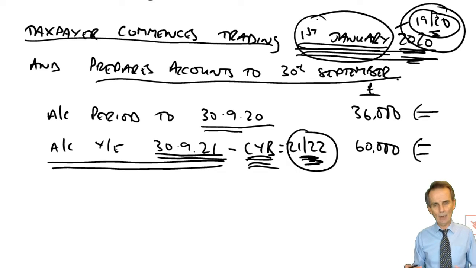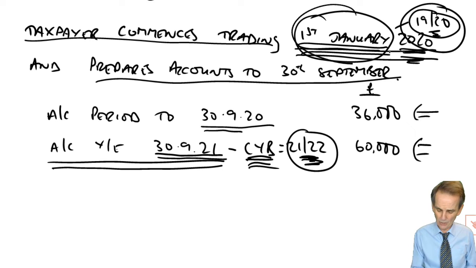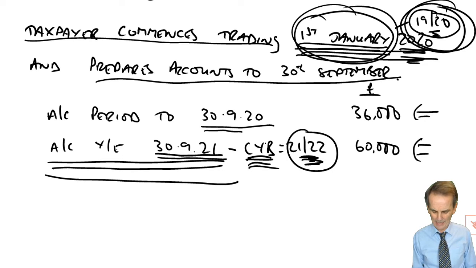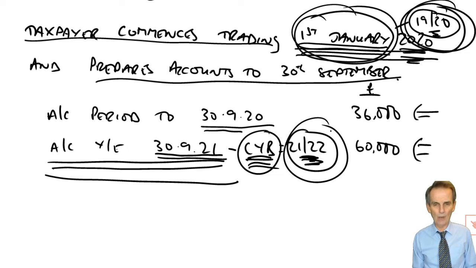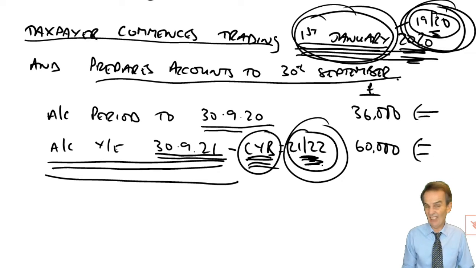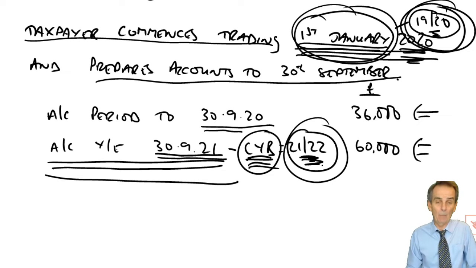So let's see how we take that information we've interpreted so far: what was the start date, what was the first tax year, what is the first full year end that we have, and therefore using CYB, what is the first tax year for which CYB will be available. Is there a gap there? Yes, between 1920 and the 21-22 tax year, there's the 2021 tax year. And that second tax year, as I've said, is the tricky one. We simply have to sort out what basis period will apply to it.